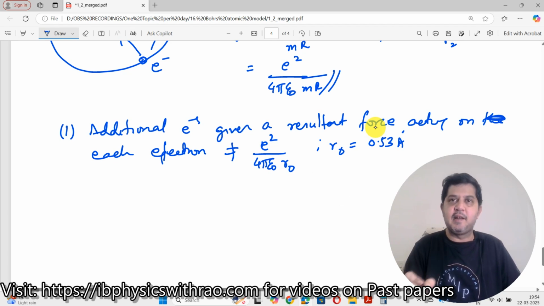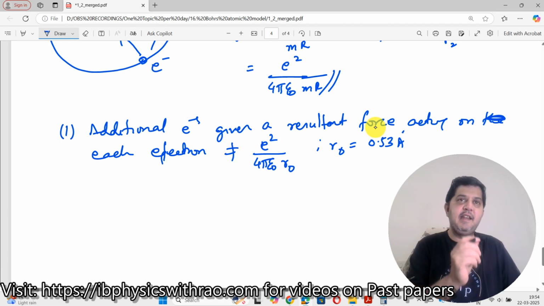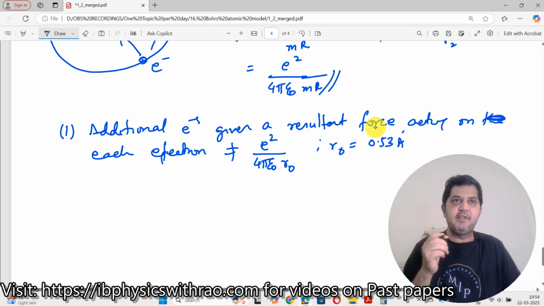You can write like this, or maybe you can say R0 is the radius of the electron's orbit. So it can differ.